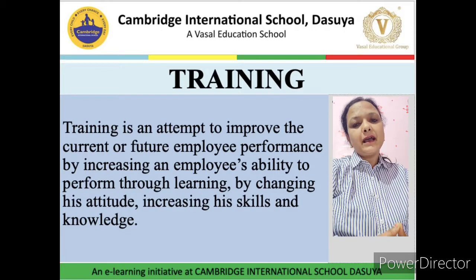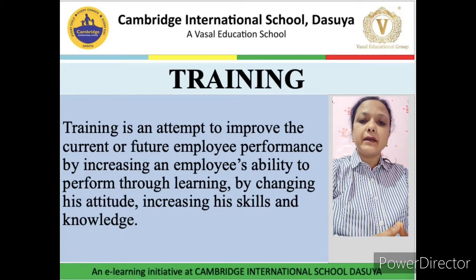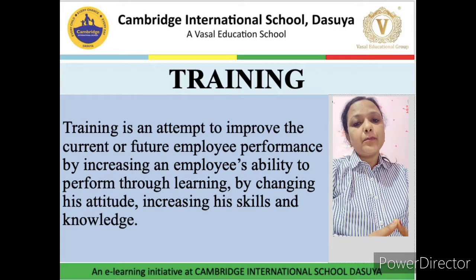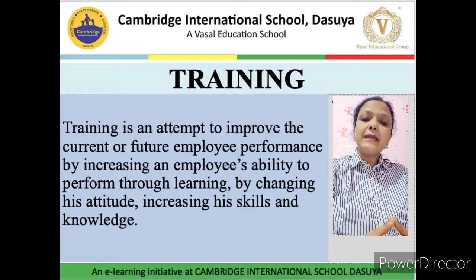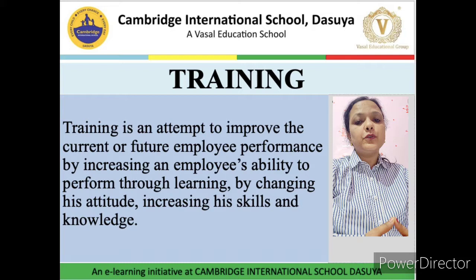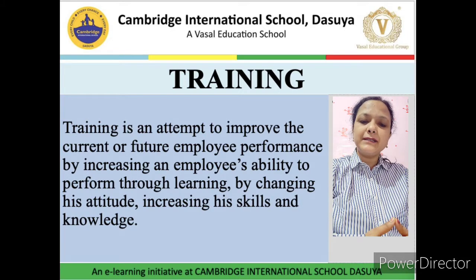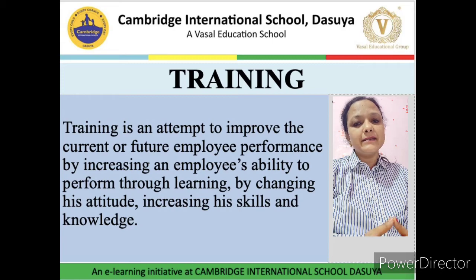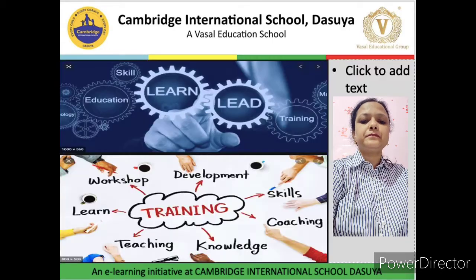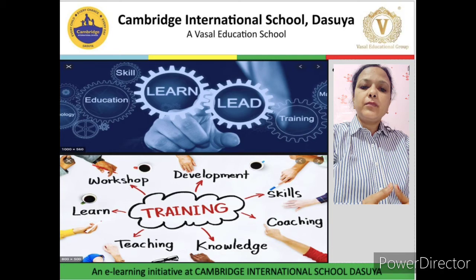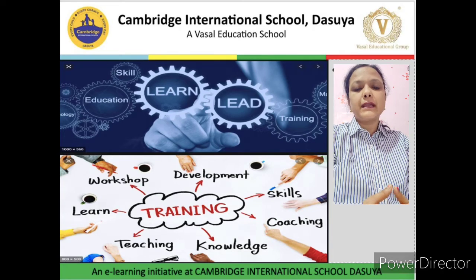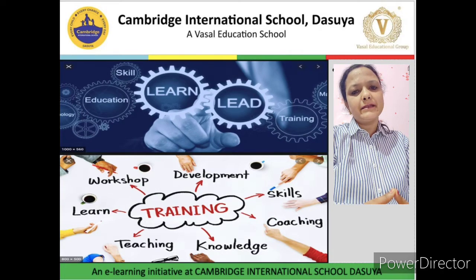Training is an attempt to improve the current or future employee's performance by increasing his ability to perform through learning. We can change his attitude by increasing his skills and knowledge. With the help of training, one person can update his knowledge and skills.